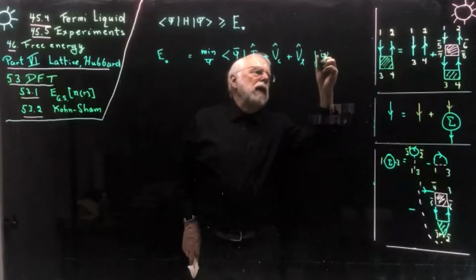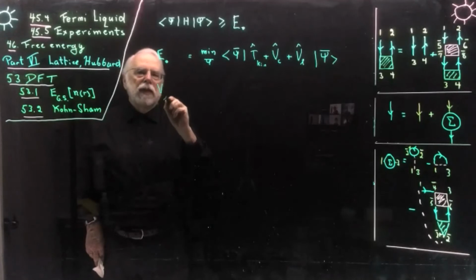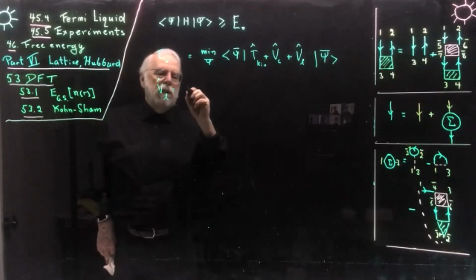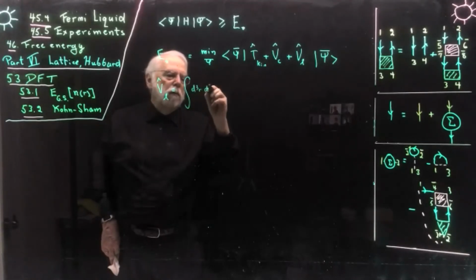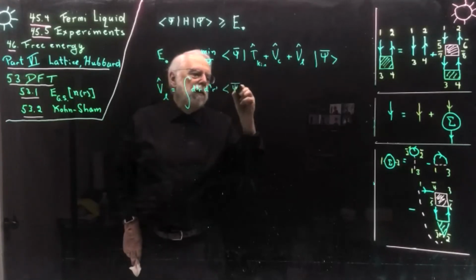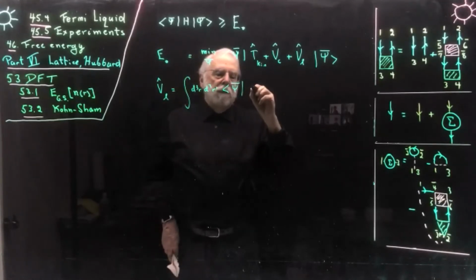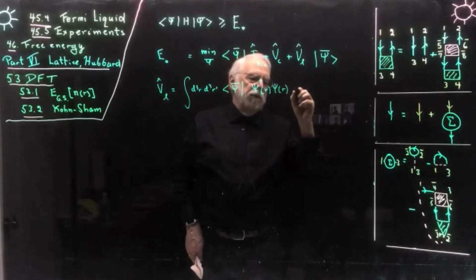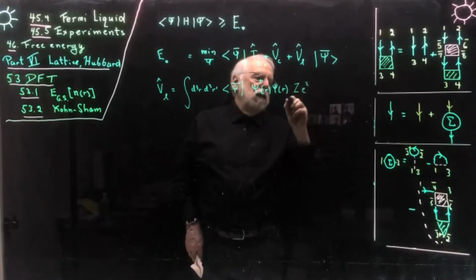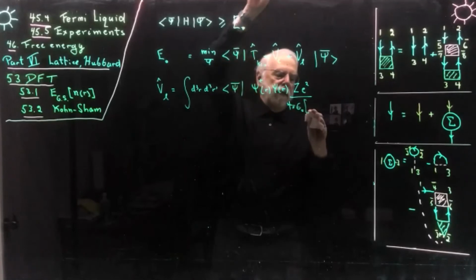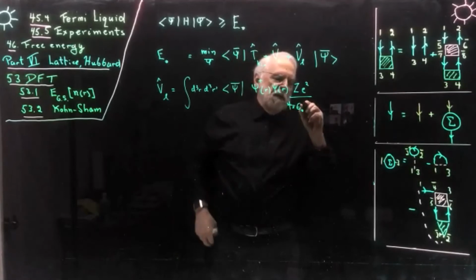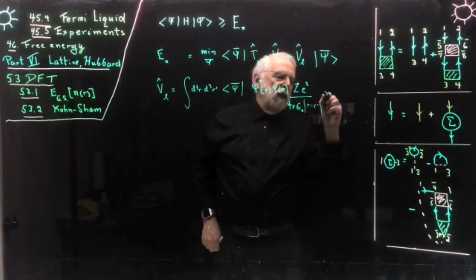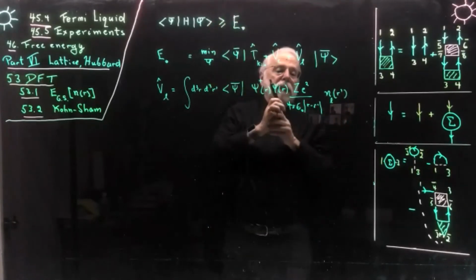And what is the effect of the lattice? V lattice is equal to the integral d^3r d^3r' of psi dagger(r) psi(r) times Z e^2 over 4 pi epsilon 0 times the absolute value of r minus r', times n lattice of r'. This Z is not the Z I've used up to now.